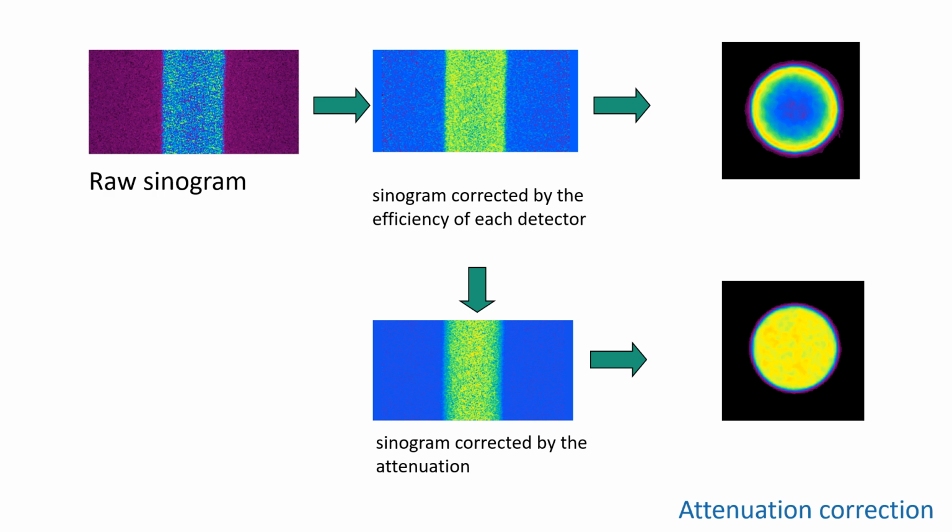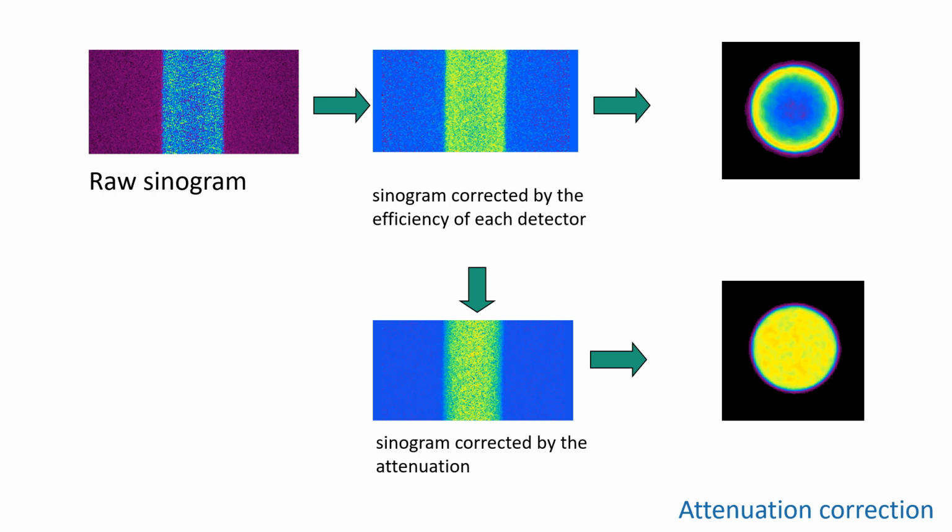Attenuation correction is applied directly on the sinogram, and we can see the effect on a regular cylindrical phantom in which we have a uniform distribution of radioactivity. The first image shows the raw sinogram.